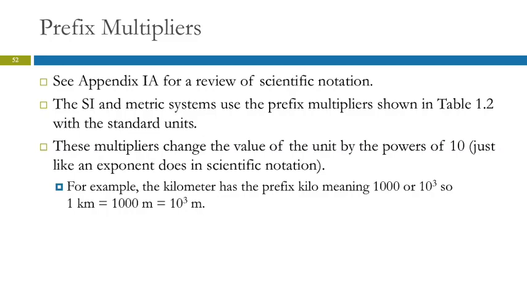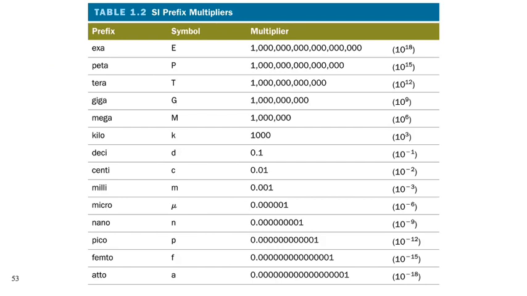So the metric system, the SI system, uses the same prefix multipliers. It's these guys. Okay, many of these are on the list of things you should memorize, and I believe there are other metric prefixes, but we're not going to care about those. Sometimes you can't do everything you'd like to do, and so you just have to pick and choose what's most important.